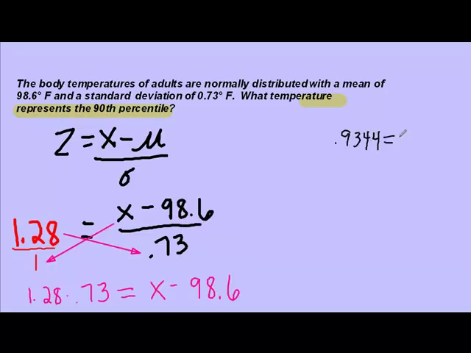This equals x minus 98.6, and if you remember from algebra class, to solve for x, we're going to add 98.6 to both sides of our equation.